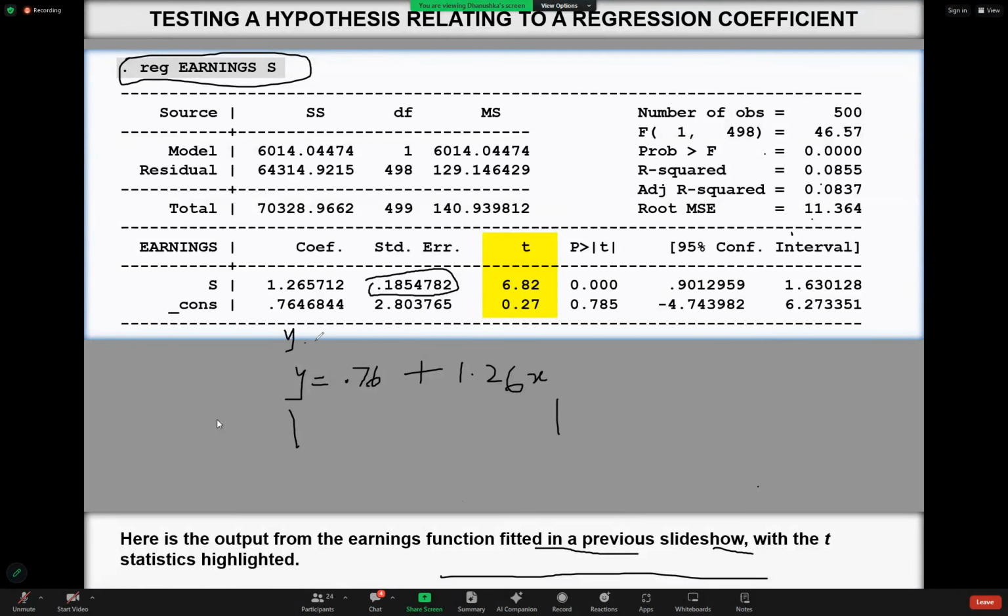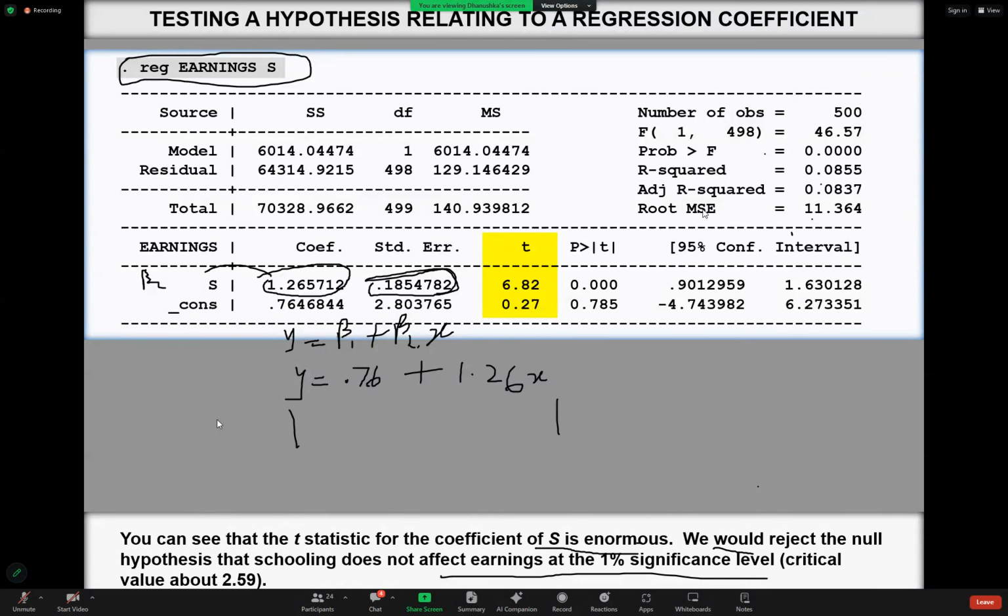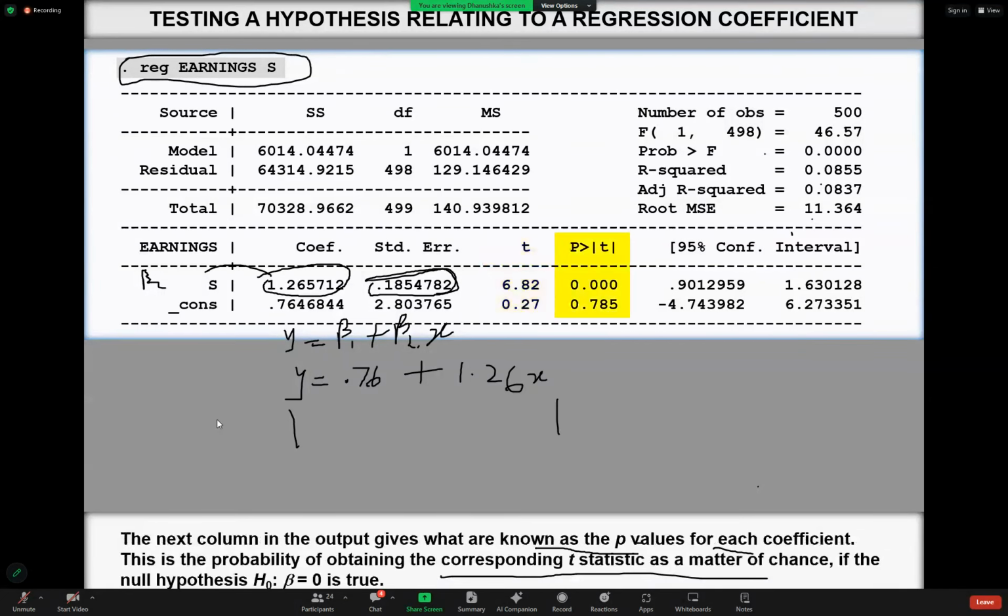We can write the model as y equals beta 1 plus beta 2x. This is the value of beta 2, and this is the standard error of beta 2. Now you want to test whether the coefficient related to schooling is significant, that means whether it is significantly different from 0.